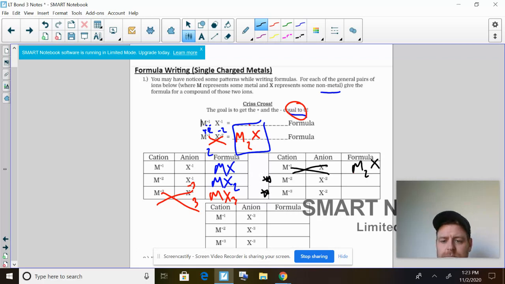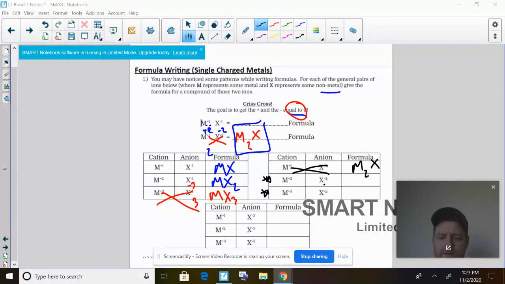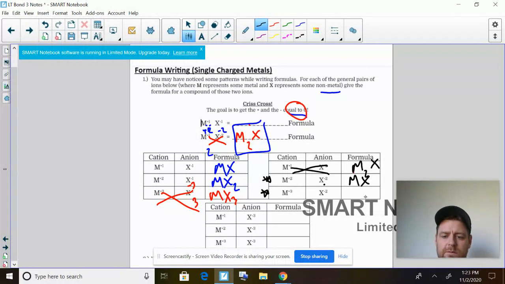Are they equal? They are. They are equal. So we say MX, plus 2, minus 2. That's good. Are these equal? No, they are not. Crisscross. M2X3. What does that do?